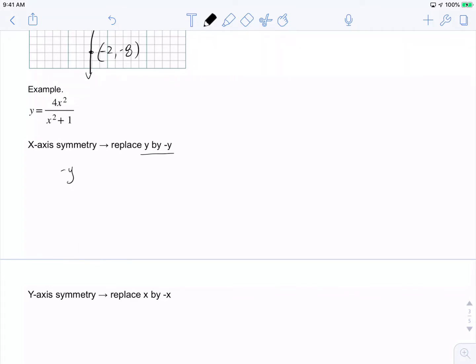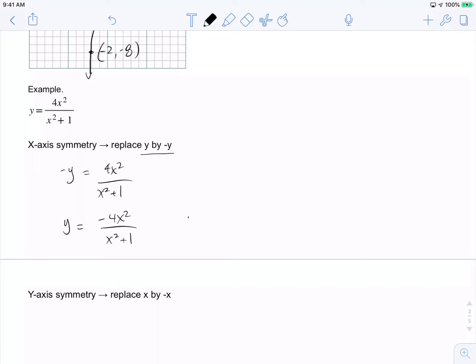So I'm going to get negative y is equal to 4x squared over x squared plus 1. That results in y is equal to negative 4x squared over x squared plus 1. Now, the important thing here is it should be equal to the original problem. Is this equal? It is not.